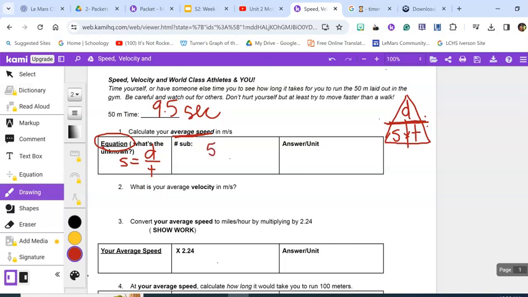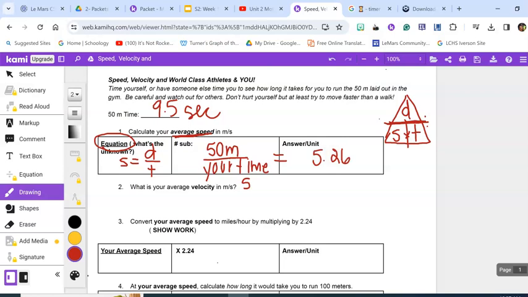So what I want you to do is sub your numbers in. What's the distance? 50 meters. Then you're going to input your time, which is going to be in seconds. Nevaeh, when you do the math, what is 50 divided by 9.5? 5.26.